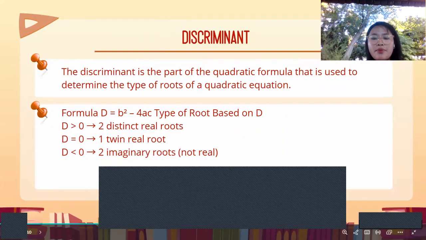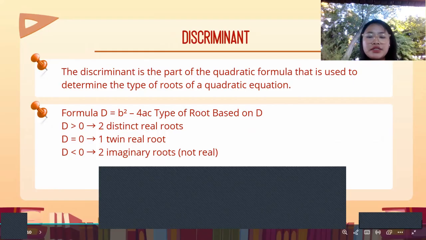There are three possibilities. If the discriminant is greater than 0, the equation has two distinct real roots. If the discriminant is equal to 0, the equation has one repeated real root.